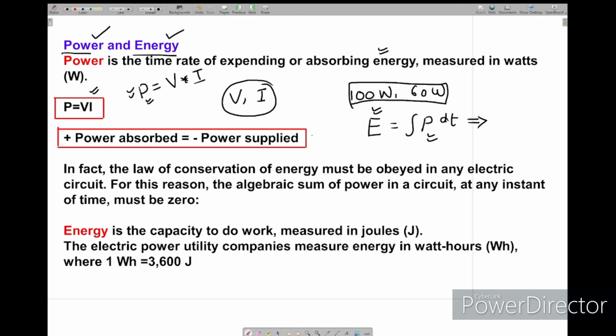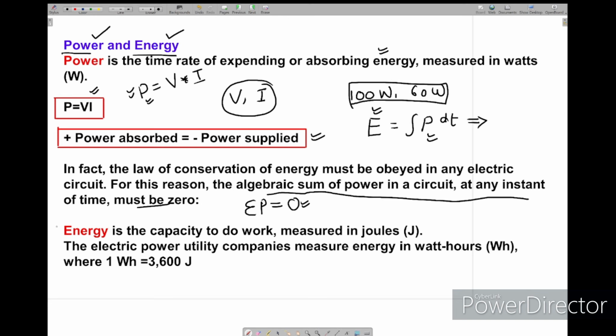Later I will discuss more on this. The algebraic sum of power in a circuit at any instant of time must be 0. It obeys this: power absorbed equals minus power supplied.